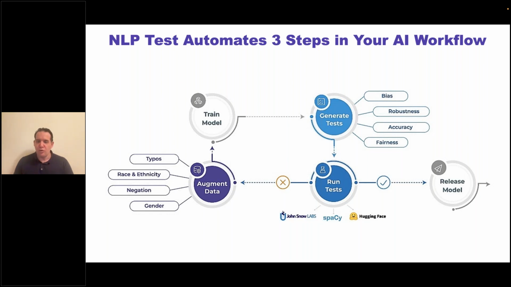So after you've trained your model, one cool thing you can do is generate tests. Not all, but quite a few tests you can automatically generate. Let's say I have "John went to work," and I can say, okay, I want to change it. John is an American name. I want a different name. I want Pedro. I want Jamal. I want Vishnu.